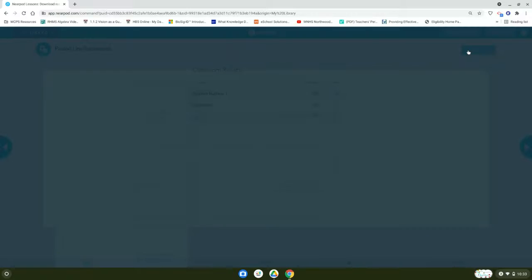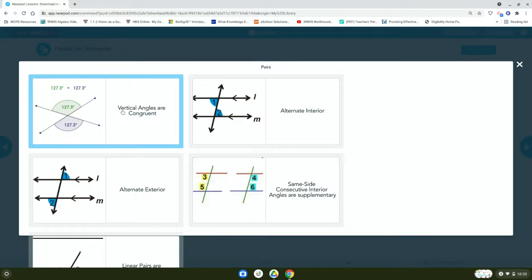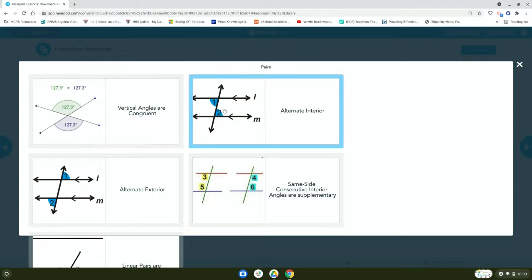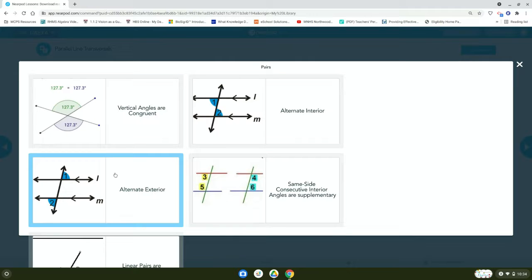As we go through, we see right here how the pairs work. So vertical angles are across each other. Alternate interior angles are hiding from each other on the inside behind the transversal, versus alternate exterior hiding behind the transversal but on the outside.